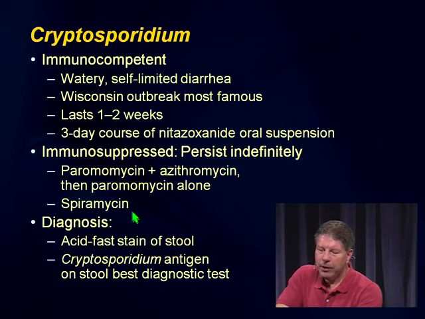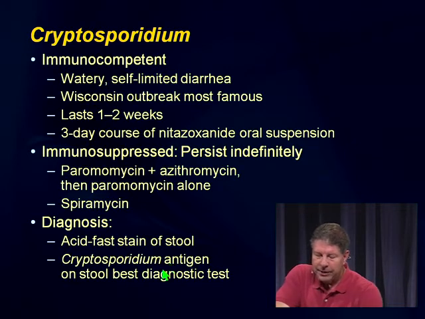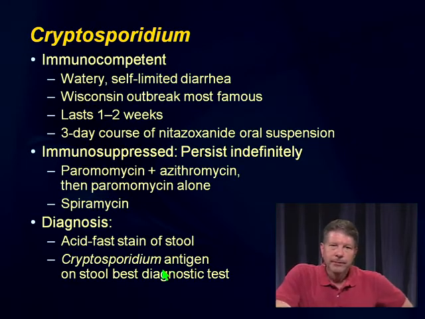I think what they really want you to do is figure out what the organism is that's causing the community-wide outbreak. So just know Cryptosporidium. You diagnose it. Now we do this Cryptosporidium antigen test on the stool. Okay, you just do a stool antigen test.